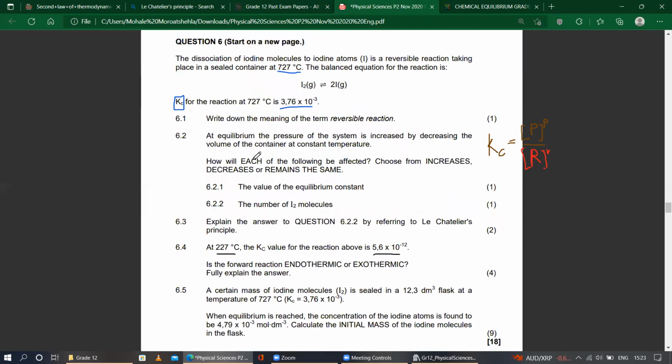Now we're going to look at this and see that Kc has decreased, right? When the temperature decreased, the equilibrium constant also decreased.